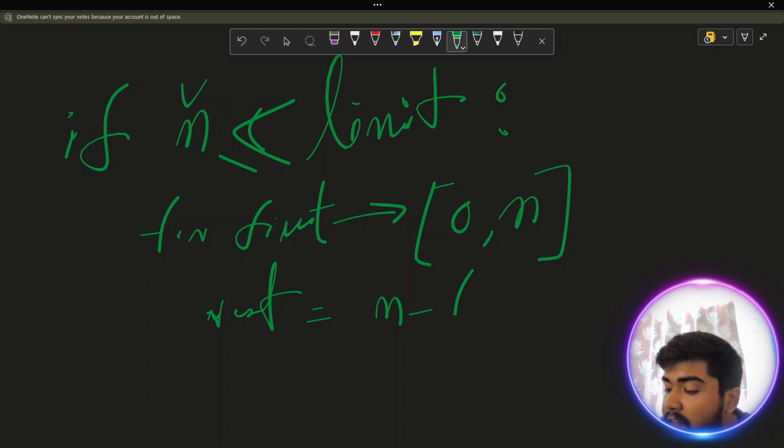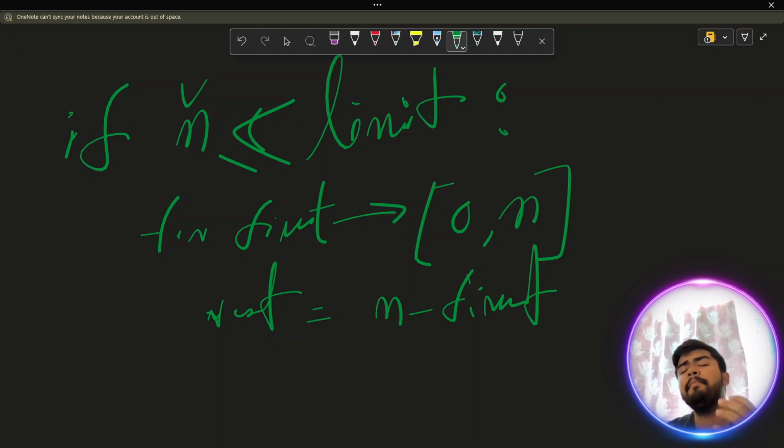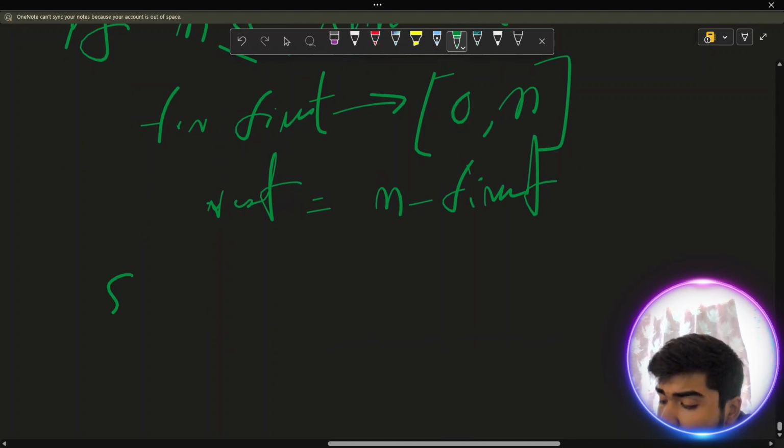Can I write it as n minus first, because I have assigned some number from 0 to n with the for loop of first in the range of 0 to n. I have assigned some first value to the first child. And how many candies do we have left? I have n minus first candies to assign to the second and third child.